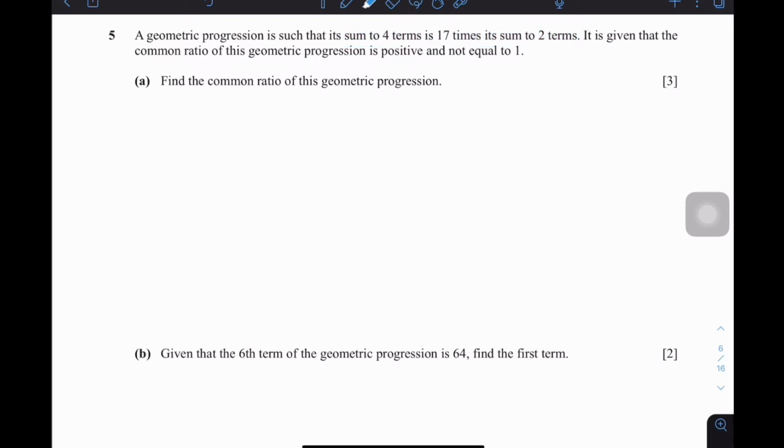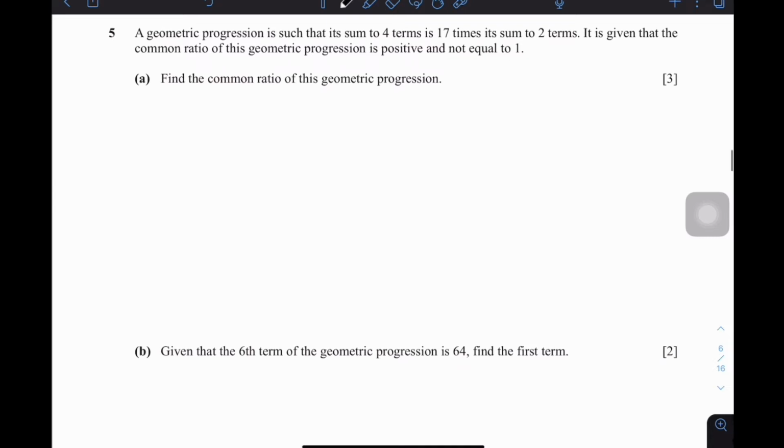So first let us write some basic concept of GP. This is general series for GP, and n term is a r to the power n minus 1.